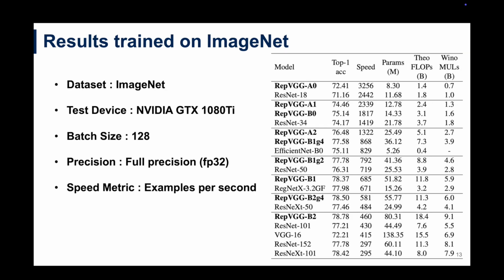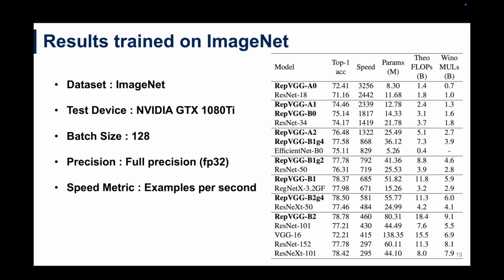Here are the experimental results of RepVGG models trained on ImageNet. In this context, speed refers to the number of images processed per second, essentially the inference speed. In the table on the right, you can see the comparison between the RepVGG models and other well-known CNN architectures like ResNet in terms of accuracy, FLOPs, and inference speed.